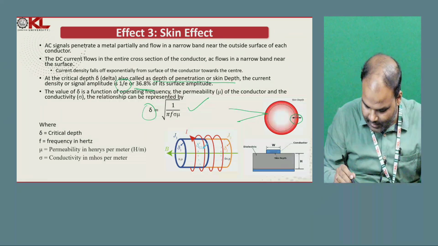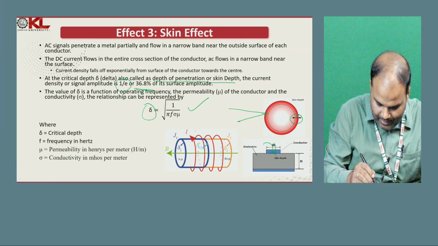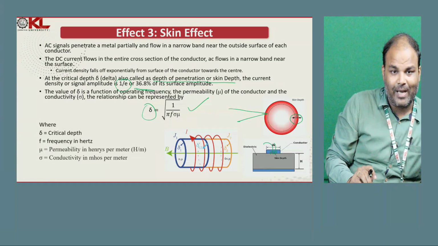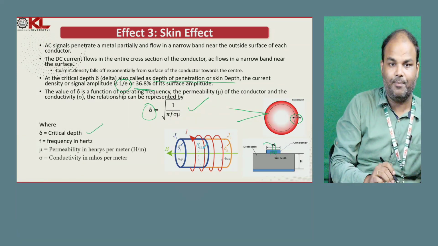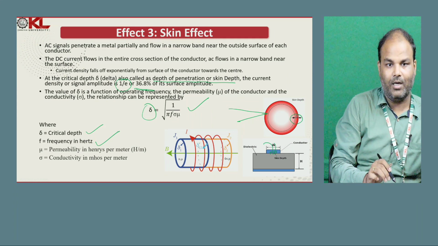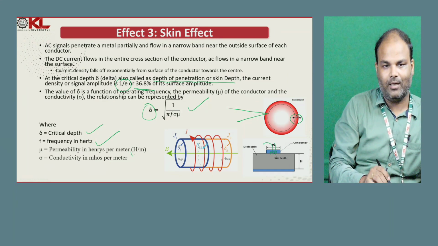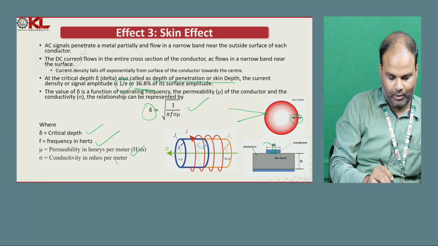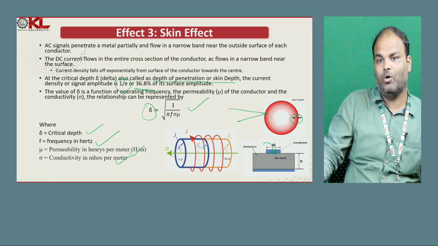So you can see here also we have a skin effect if a signal is coming like this, and at the boundary also we get the skin effect. Here the parameters are delta, the skin depth, f the frequency in hertz, mu the permeability, and sigma the conductivity in mhos per meter. If you know these things, then we can calculate the skin effect.